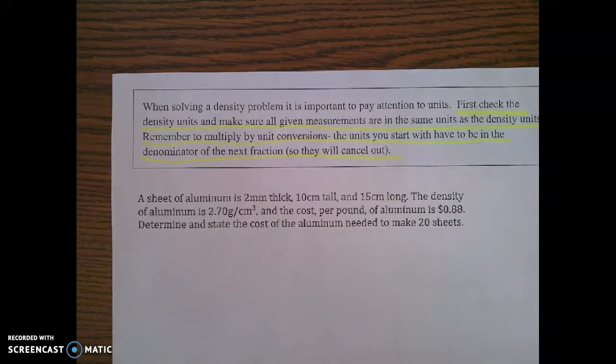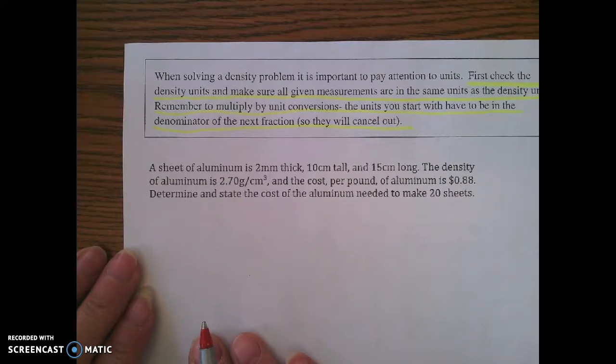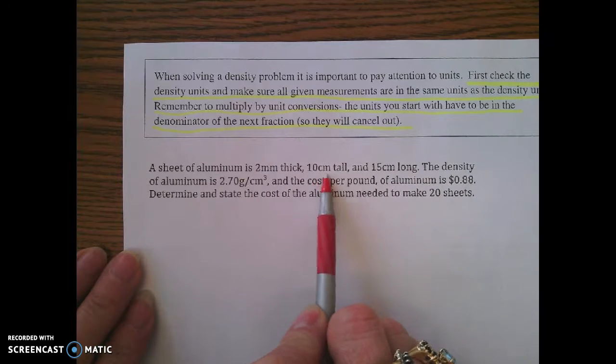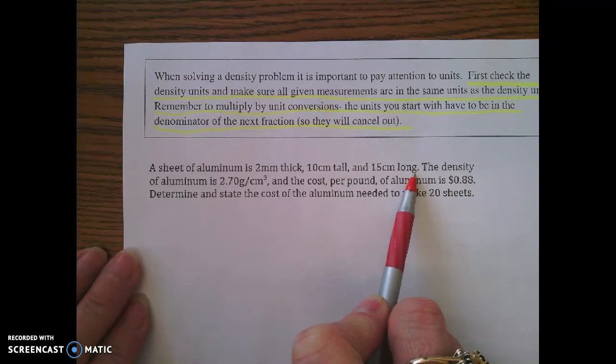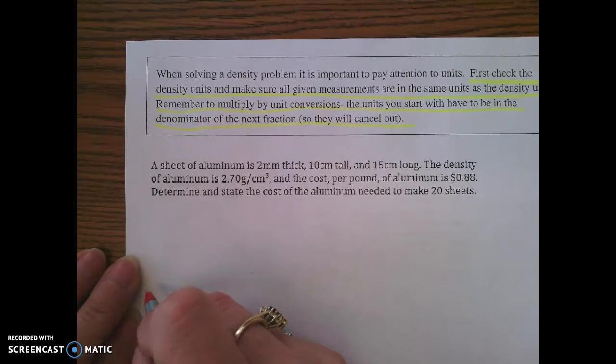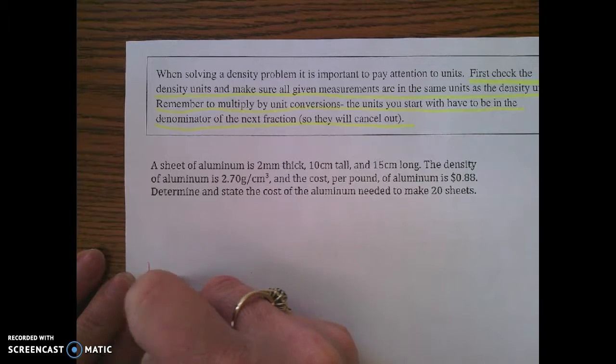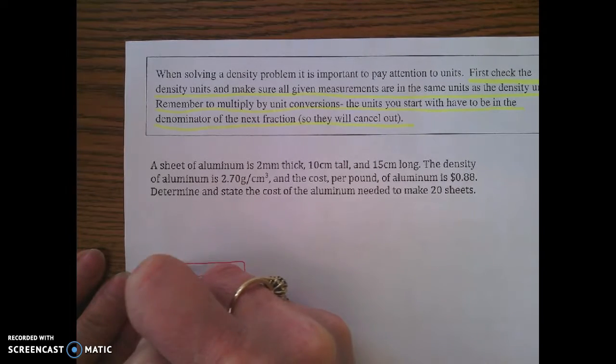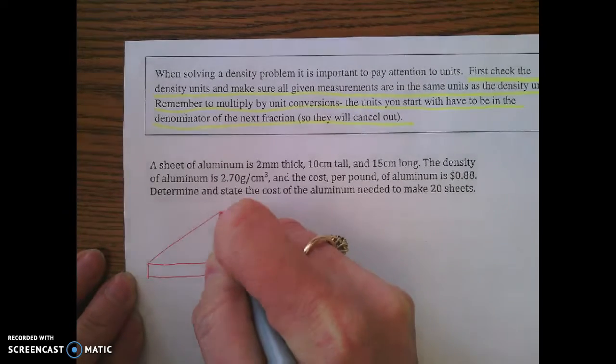All right, so we're going to do one example together. It says here a sheet of aluminum is 2 millimeters thick, 10 centimeters tall, and 15 centimeters long. So this is going to be represented as a prism, like a rectangular prism. Maybe draw something like this.